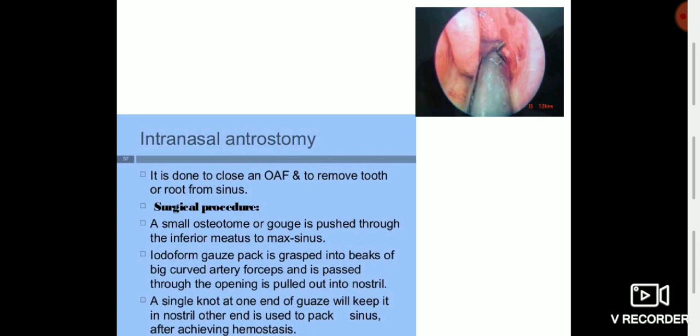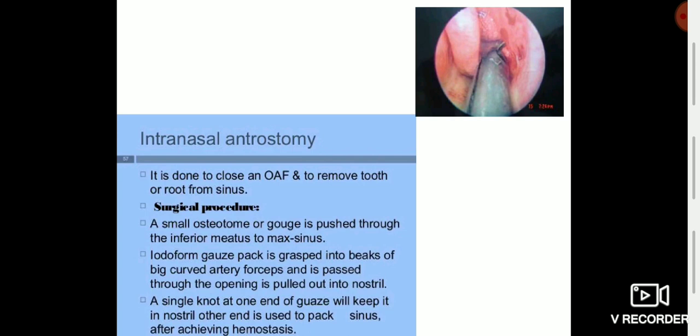This is intranasal antrostomy. It is done to close oroantral fistula and to remove tooth or root from the sinus. A small osteotome or gauze is pushed through the inferior meatus from the nose into the maxillary sinus. The iodoform gauze pack is grasped in the beaks of a big curved artery forceps and is passed through the opening and is pulled out into the nostril.